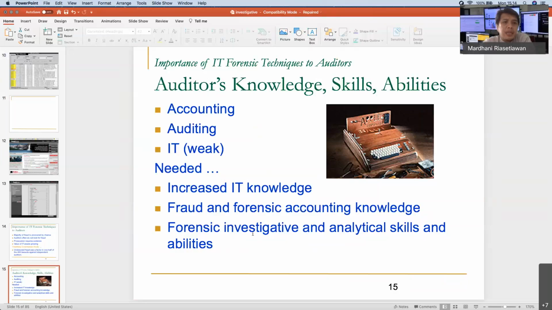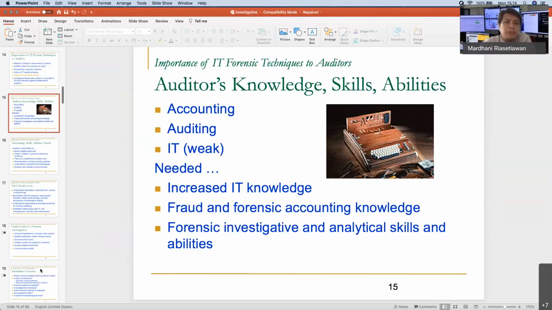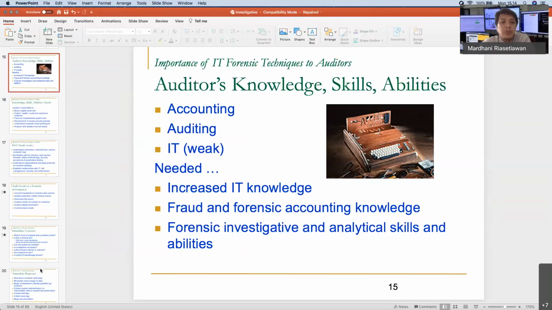Data science and data analytics skills are very required now, because most auditors who work in forensics have very deep knowledge of data science. So that will be your advantage too.